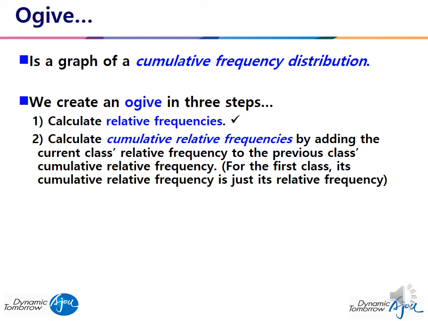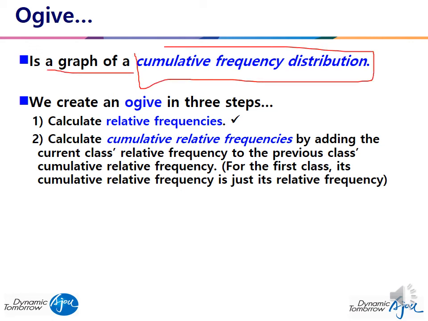Then an ogive is a graph of a cumulative frequency distribution. We create an ogive in 3 steps.